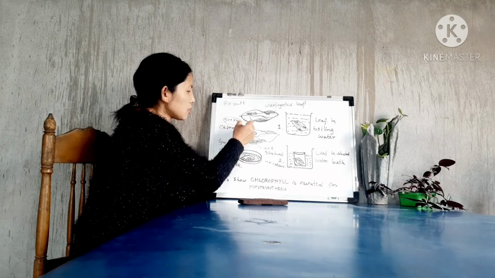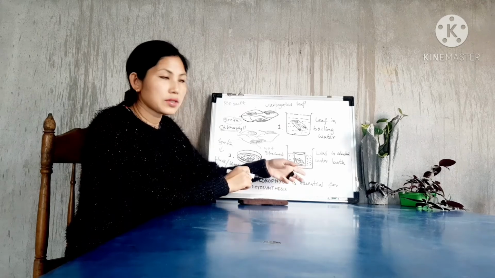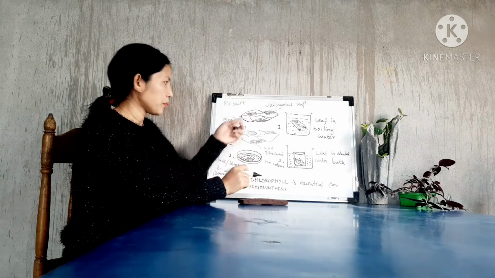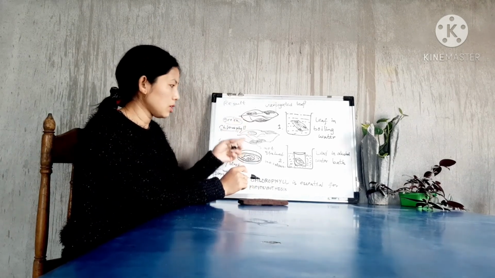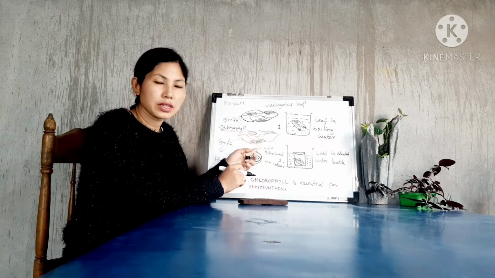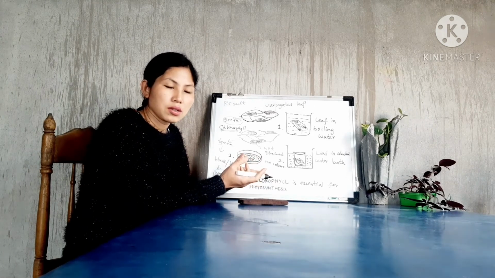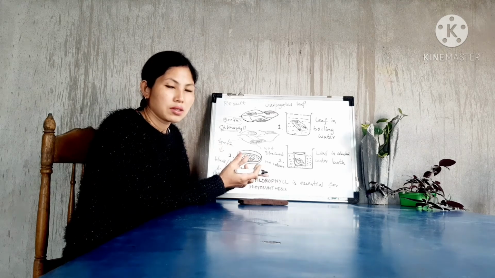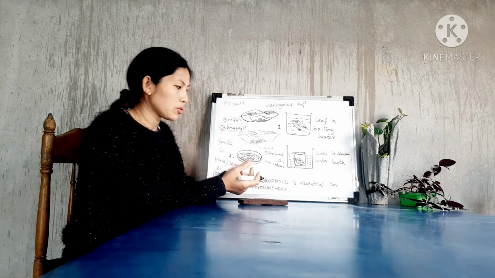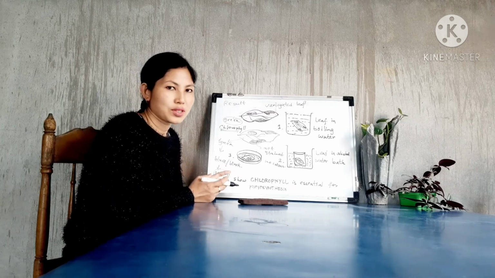Because of this, after the alcohol bath, after decolorization and everything, when we dip it into the iodine solution, we find that only the green part of the leaf is stained with blue or black color, whereas the non-green part of the variegated leaf remains white or maybe pale yellow in color, meaning it did not stain blue or black. With this we can confirm that chlorophyll is essential for photosynthesis.